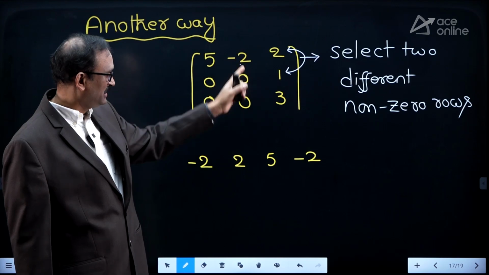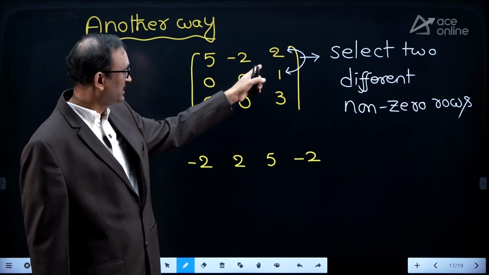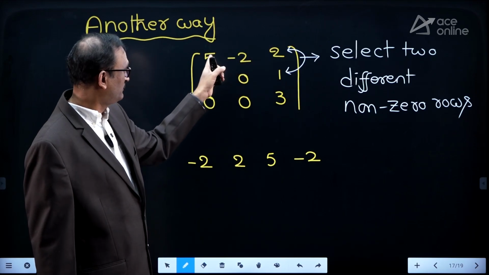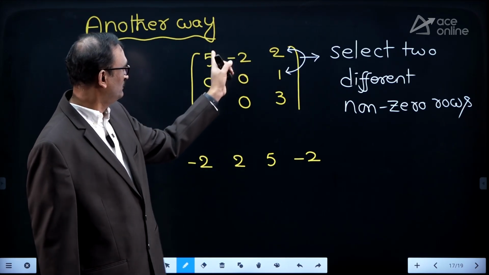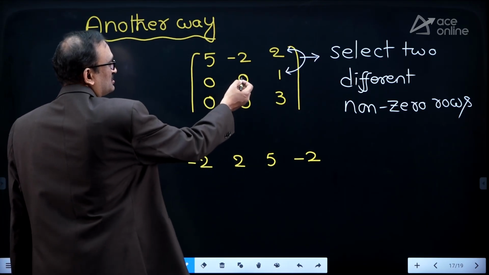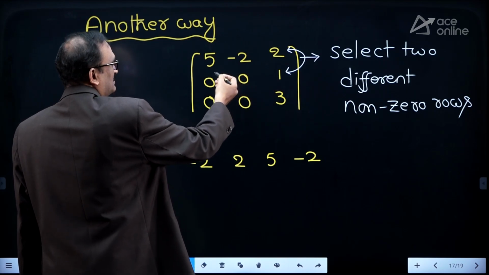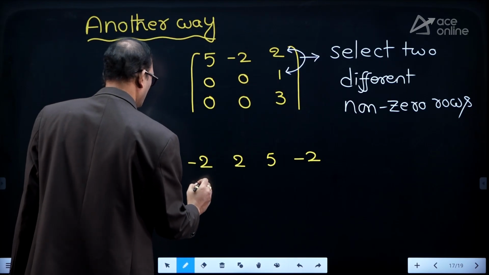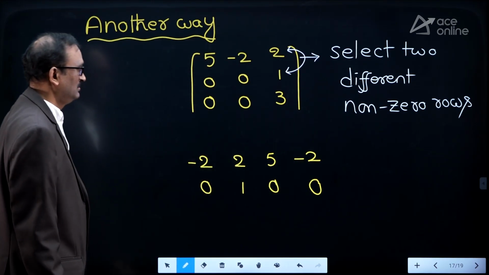So I start from middle number minus 2, from here go anti-clockwise: minus 2, 5, minus 2. Similarly, second row, start from middle number and move in anti-clockwise direction: 0, 1, 0, 0.